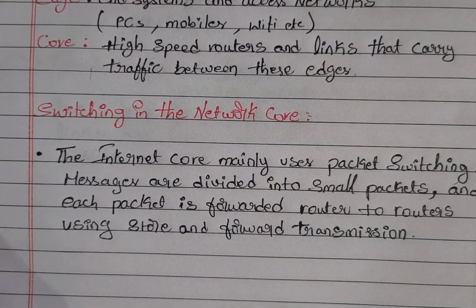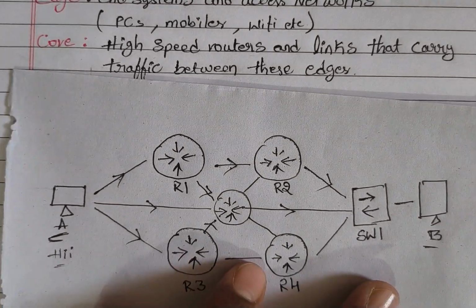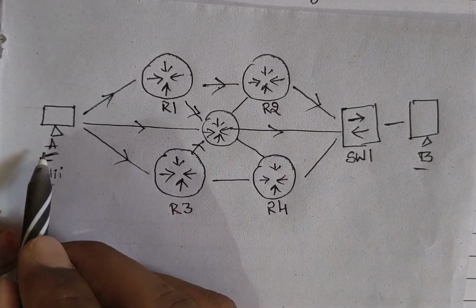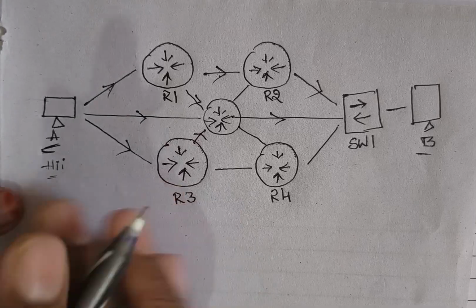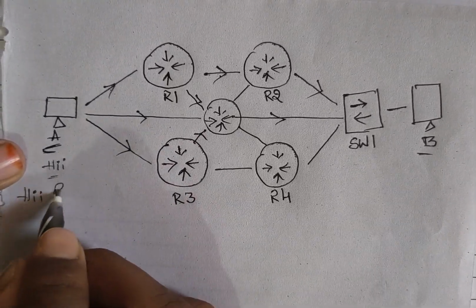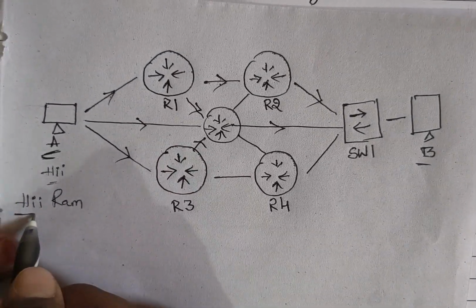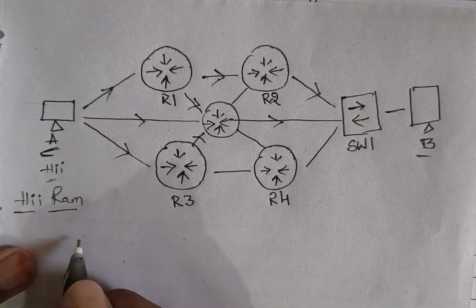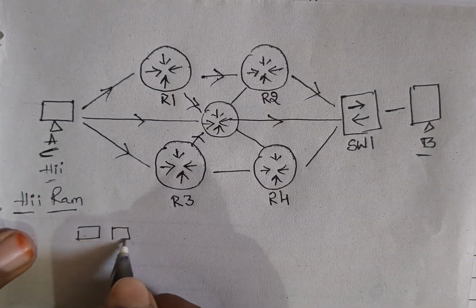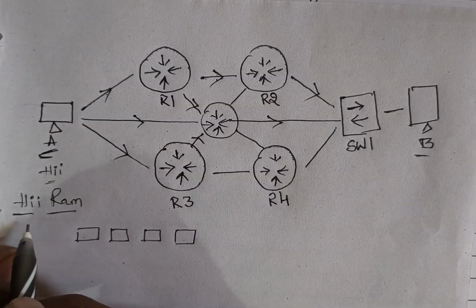I will take the same example, so it will be clearly understood. Here we have system A and system B. System A sends a message, "Hi Ram." Here, "Hi Ram" will be divided into packets, depending on the text.